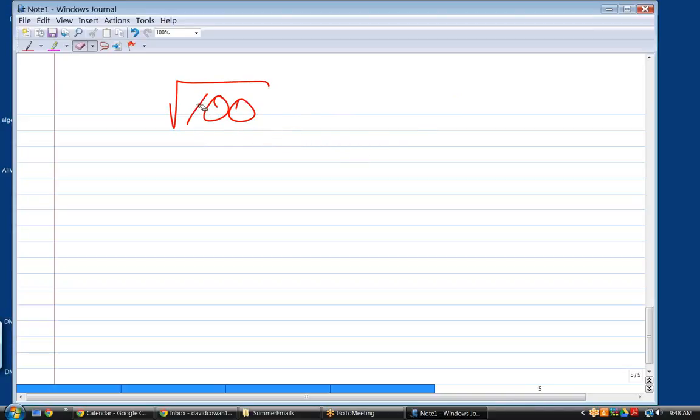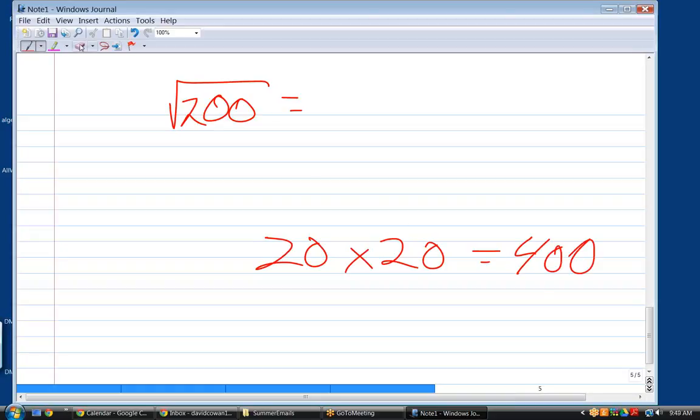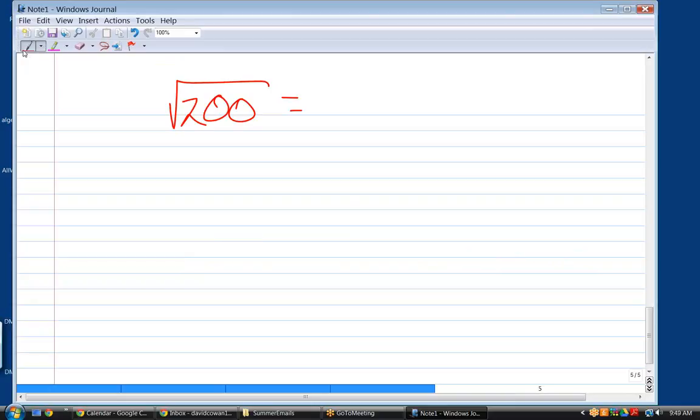So if the square root of 100 is 10, what's the square root of 200 equal to? 20. No. 20 times 20 is 400. That's what you always have to check: when you take the square root of a number and you come up with a number, make sure that when you multiply that number together, you get this answer. 10 times 2.